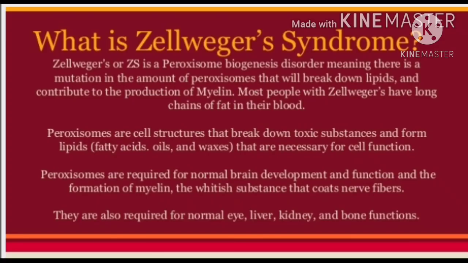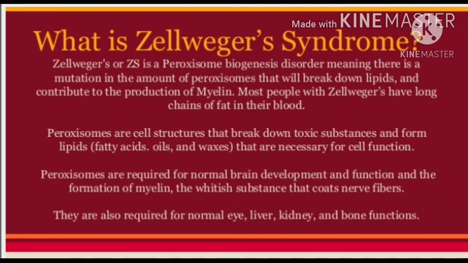Then what is Zellweger syndrome? Zellweger syndrome is a peroxisome biogenesis disorder. The patient having this syndrome has a very low amount of peroxisomes. Okay, as a result, the beta oxidation of fatty acid will not properly take place in those patients.